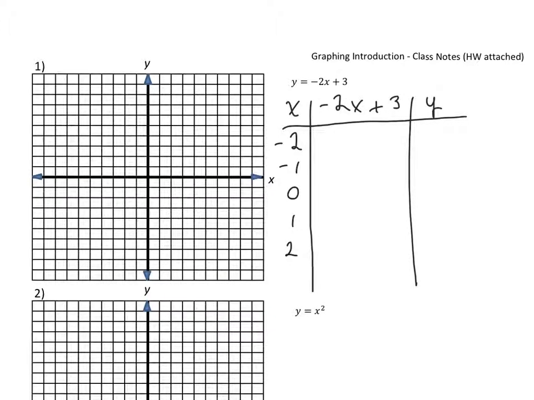So here I've filled in the X values on the left. And now we're going to substitute them into the expression and get the Y value out. So here I've taken the -2 and substituted in for the X here with -2. So we got +4 plus 3 is 7.